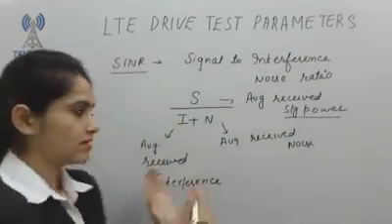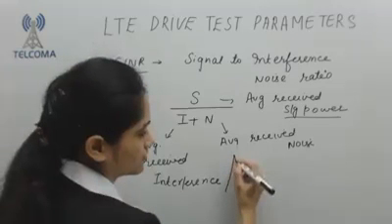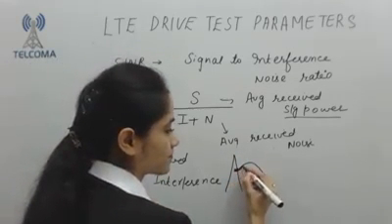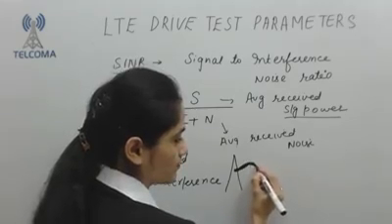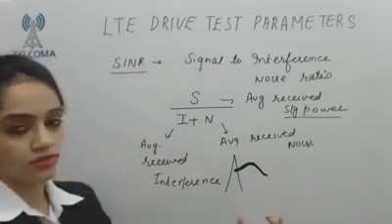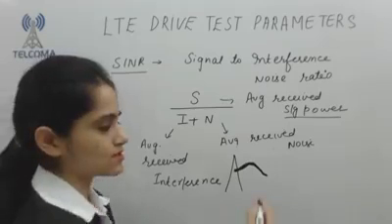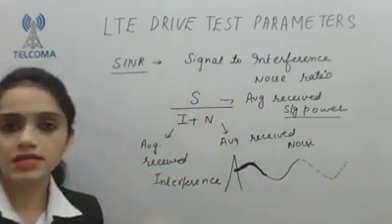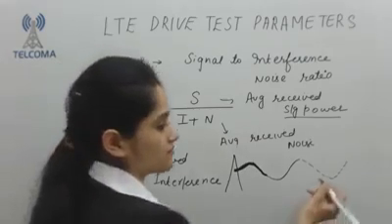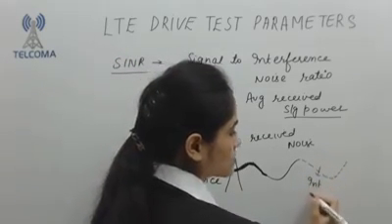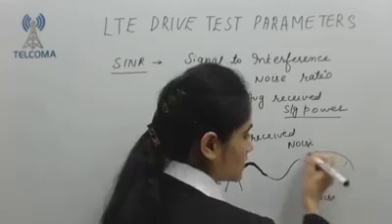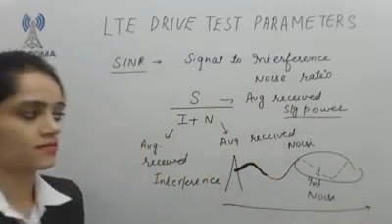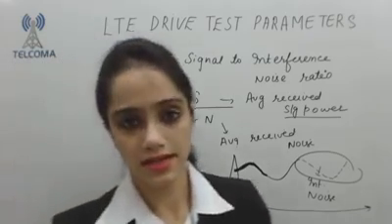Now as my signal starts transmitting, its strength is more, and at this particular point I have low interference. But as it starts moving, it starts fading with distance, because I have interference and noise also. So my signal starts fading as it covers the distance.